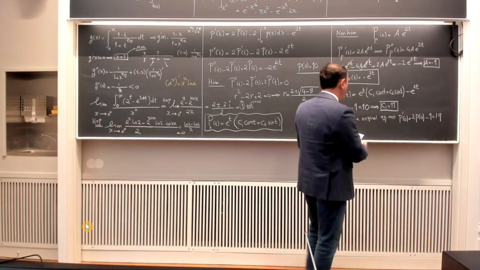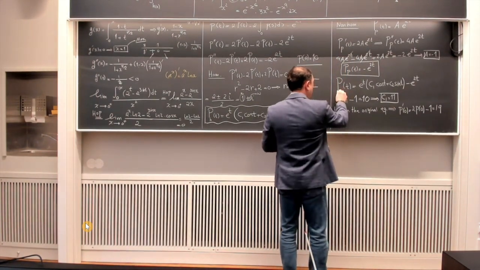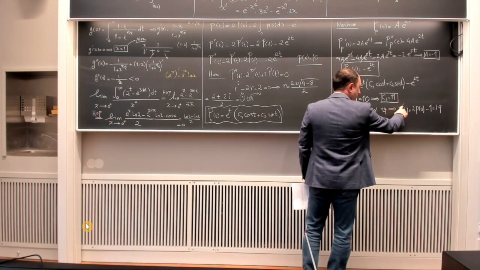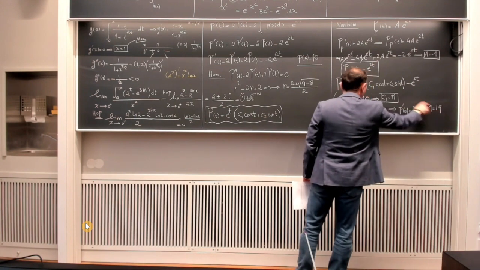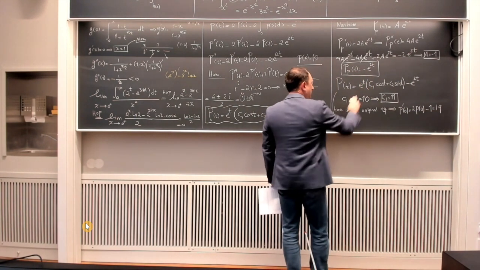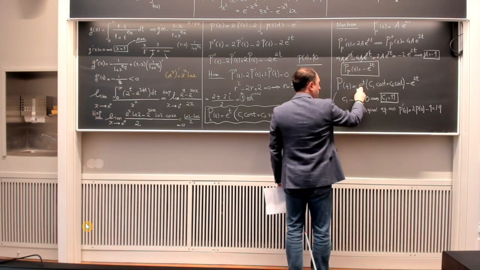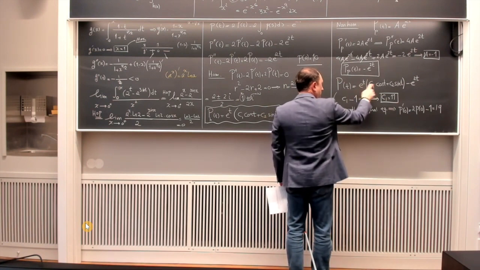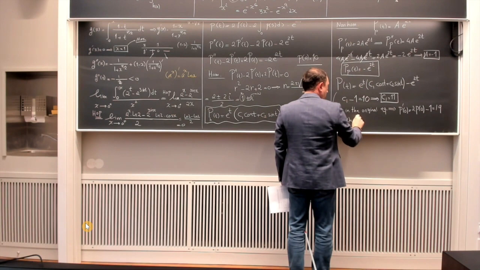So what I'm supposed to do, I have to go back to this function and differentiate it, because the derivative at 0 should be 19. So I take the derivative, it's a product rule here, the derivative of this one multiplied by that, it becomes the same thing.